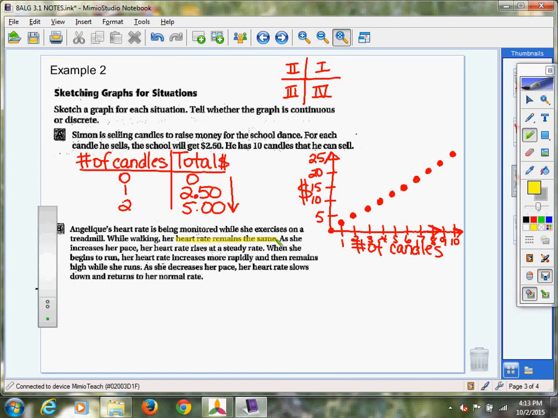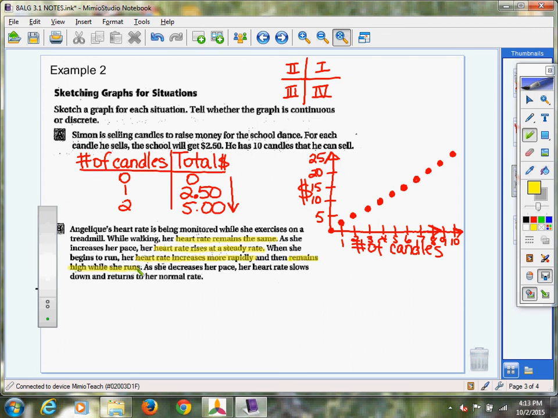Next she's increasing her pace, so she's walking faster. Now her heart rate rises at a steady rate. So rises, already we can see the picture on the graph. We go from a horizontal line to a line that's starting to go up. Now she's running. Her heart rate increases more rapidly, and then remains high while she runs.